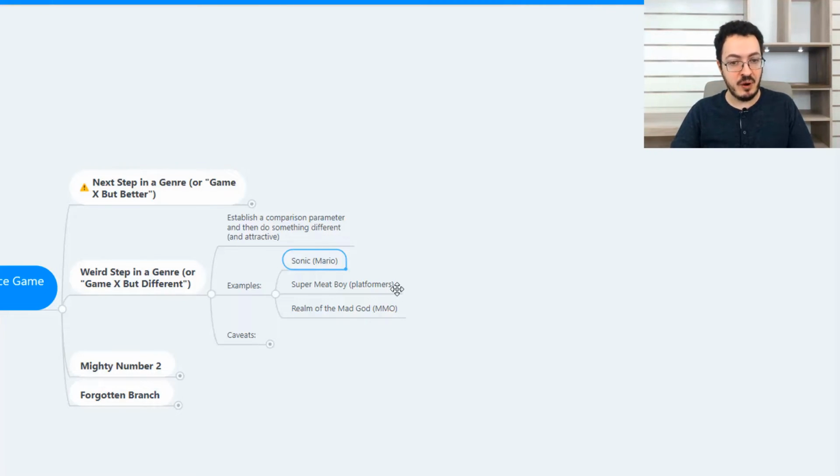Super Meat Boy, we have also been discussing, is pretty much that in comparison to platformers. And before, at the time when that game was released, the comparison parameter that people had for platformers was something very, very different from Super Meat Boy, right? It's a game where you die over and over. Sometimes you will die every 2 seconds, and it's perceived as super difficult.